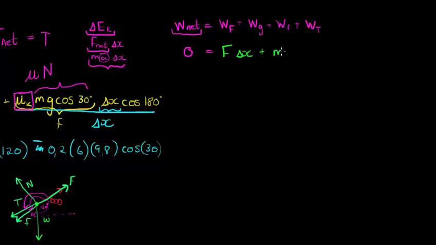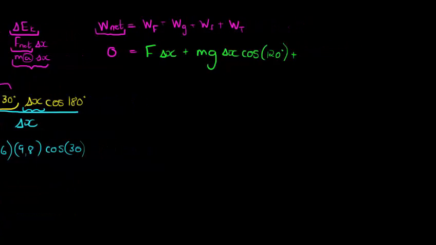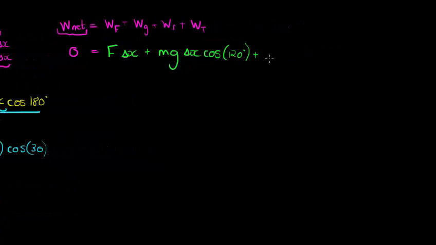Between gravity is mass times gravity times delta x times cos of the angle, we said was 120 degrees, plus the work done by friction. This time we are still going to use this formula for friction. Formula for friction is mu times mass times gravity times cos of the angle of inclination, which was 30 degrees.